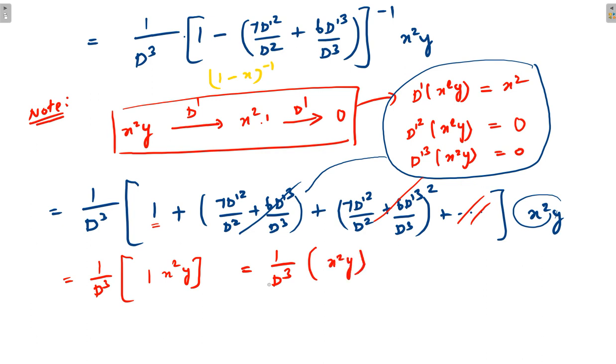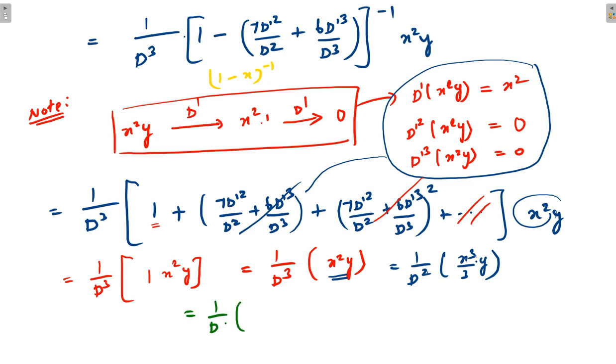So what is the meaning of 1 by D cubed? It is an integration. You have to integrate x power 2 y with respect to x thrice. So now I am going to integrate the first time. If you integrate, you have to reduce the power in the denominator, so I have reduced one term. After the integration with respect to x, you make it x power 3 by 3 into y. Again I am going to integrate, so I have reduced one power.